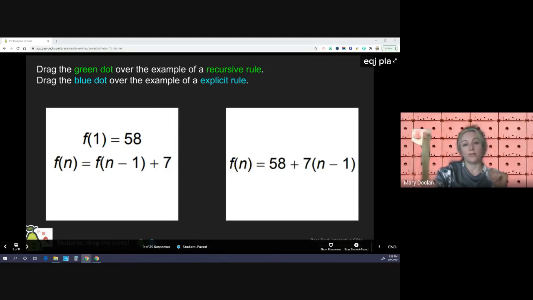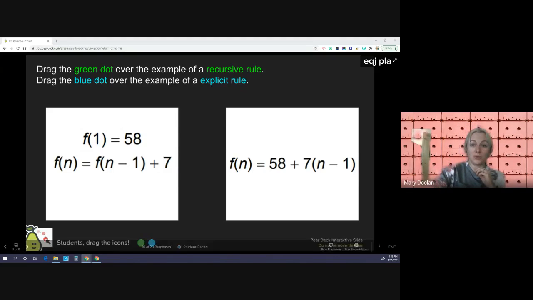I have 9 out of 29 responses. All you have to do is move dots. You can do it.